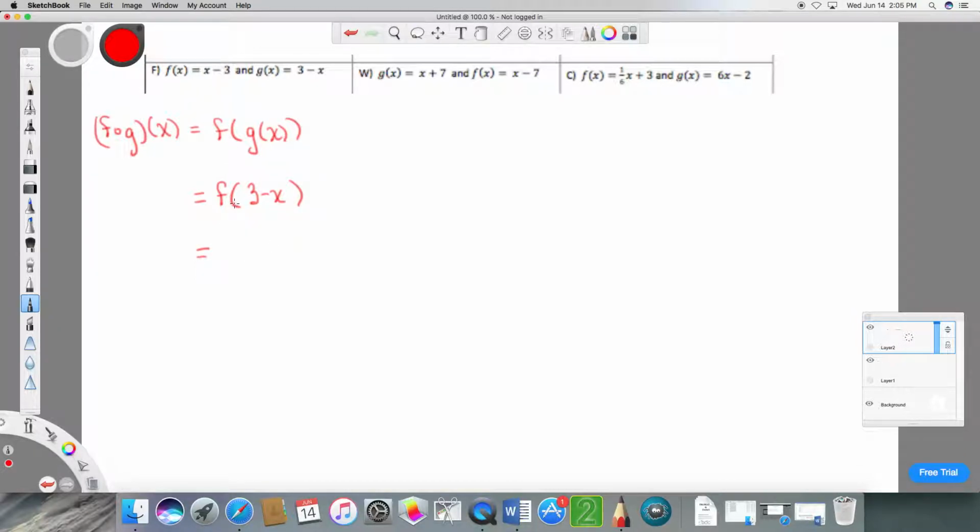That's what f does to any input: it takes that input and then it subtracts 3 from it. So here the 3 minus 3 cancels, but we're left with negative x, which is not equal to x. So I claim that these are not inverses.